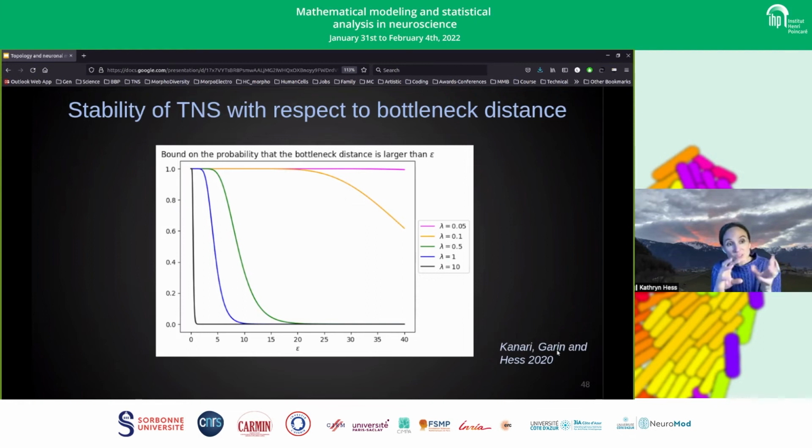So it's a sort of stability which says that the barcode that you're going to get if you go through this process, the new one, will in general not be too different from the one that you started with. So this is some way of expressing stability of this topological neuron synthesis. Next one, please.